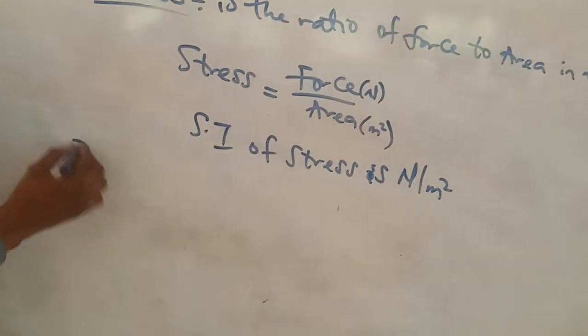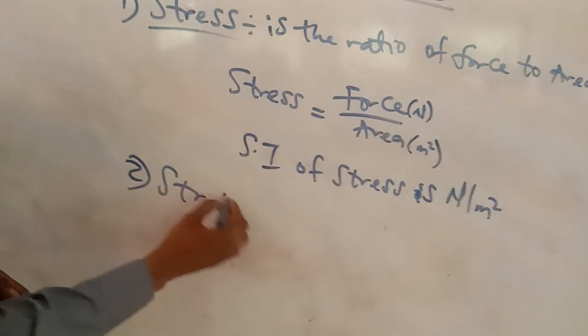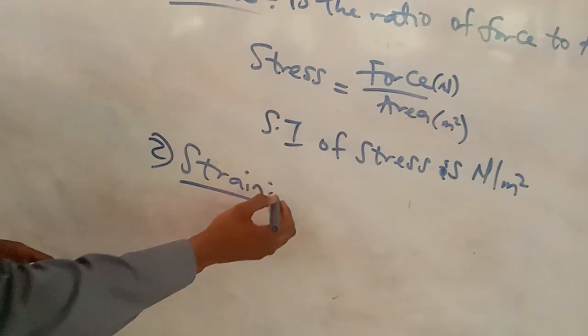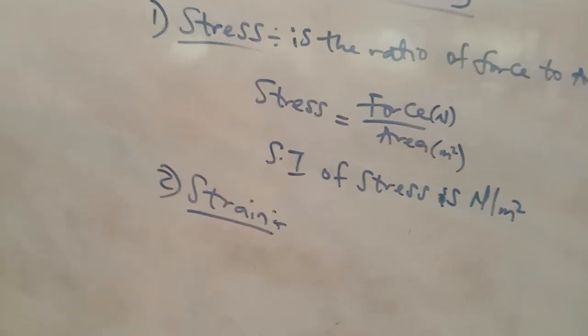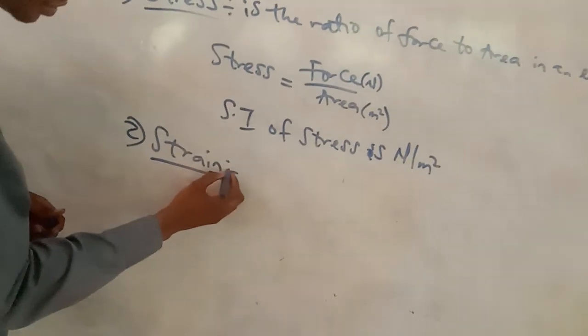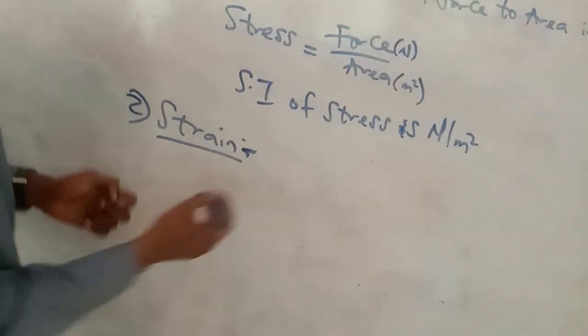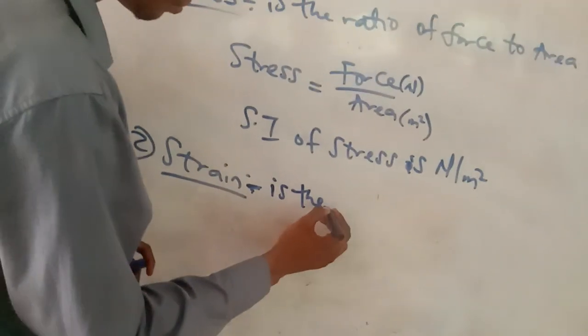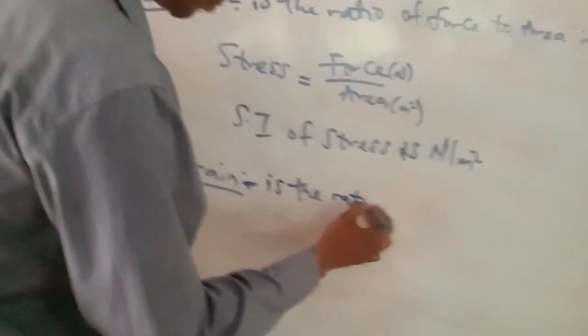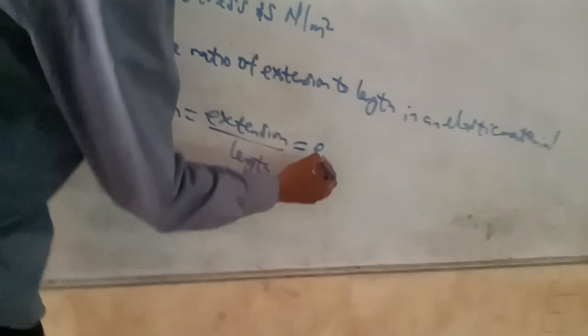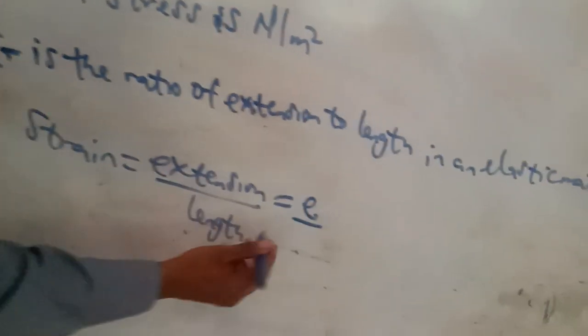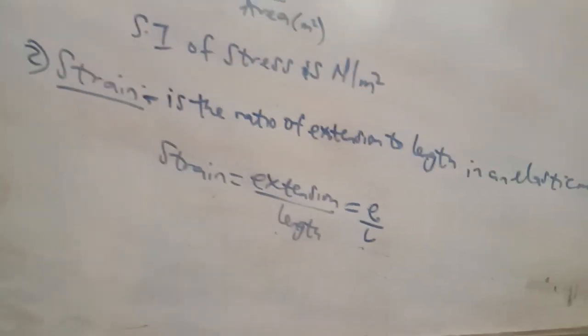Now let's go to strain. Strain is the ratio of extension to length. Now let's use E to represent extension and L to represent length.